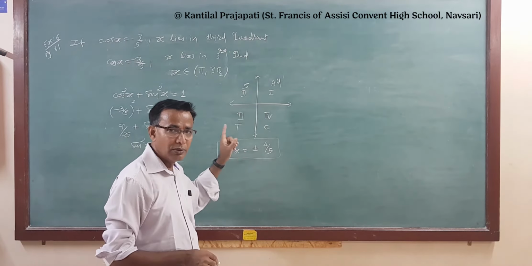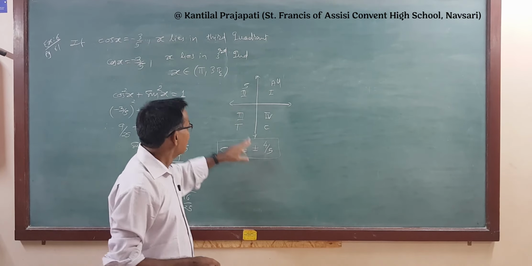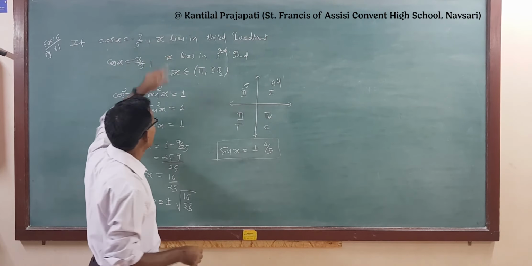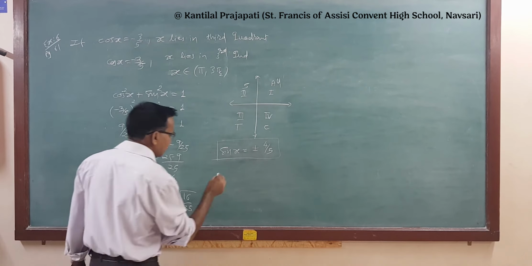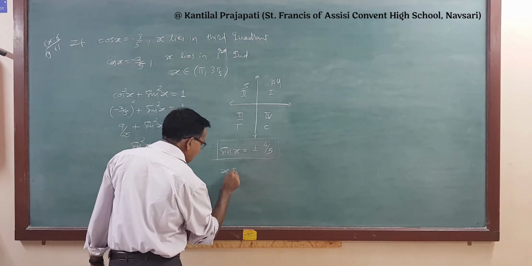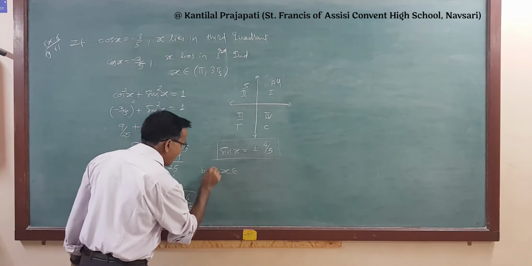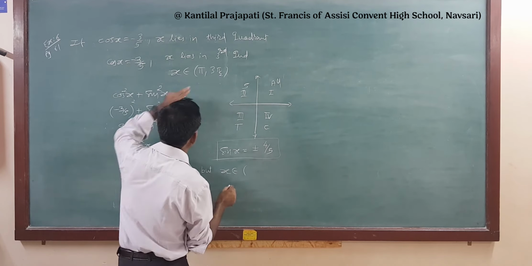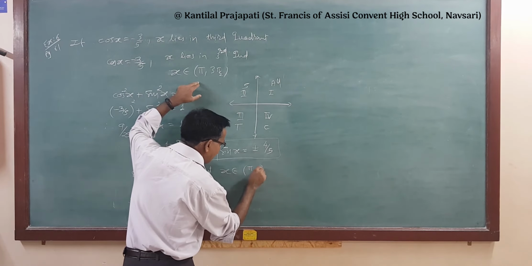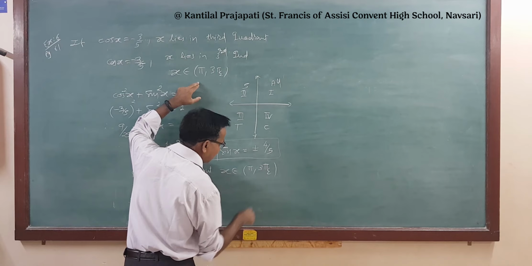Only one value is possible. Sin x is either plus 4 by 5 or minus 4 by 5, and for that the condition is given here: x lies in the third quadrant. We write here x belongs to what? Third quadrant means pi to 3 pi by 2. This is given.